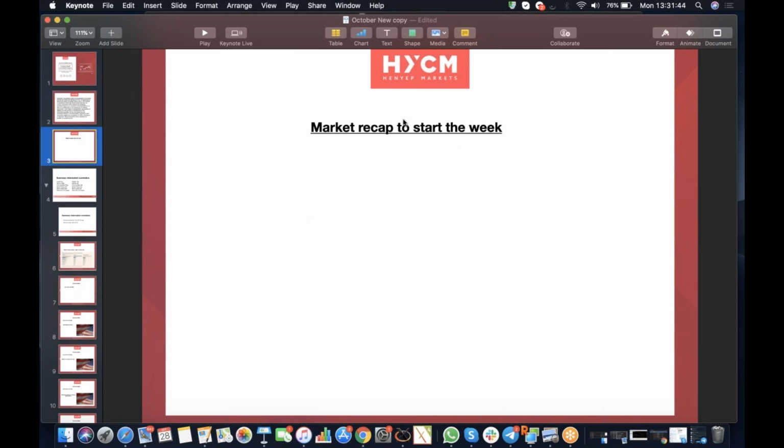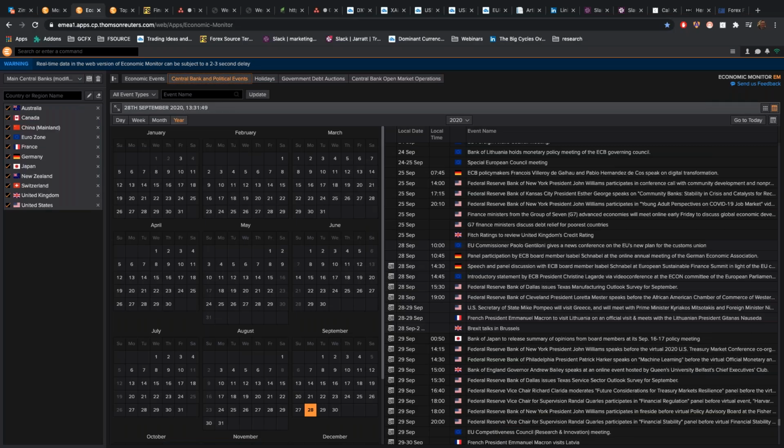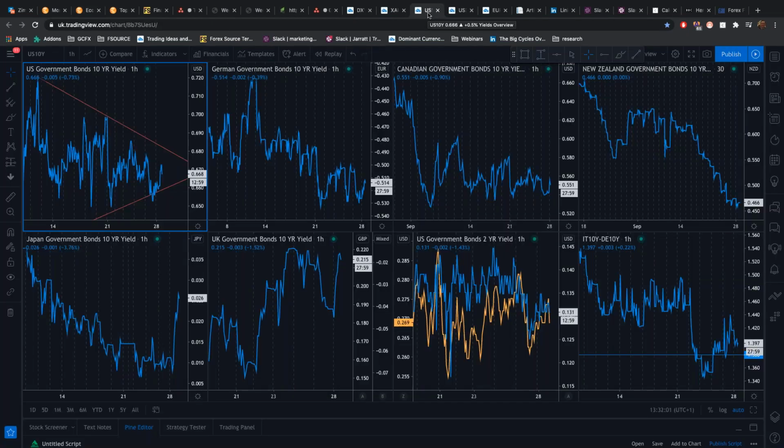We're going to start the week with a quick market recap, and the best way to do that is to see how the market has been moving since we started the session. The first thing to look at is the bond market. In a risk-on environment, you would expect bond yields to rise.